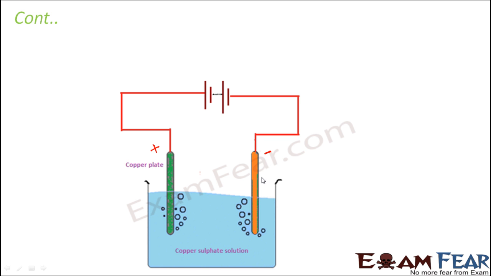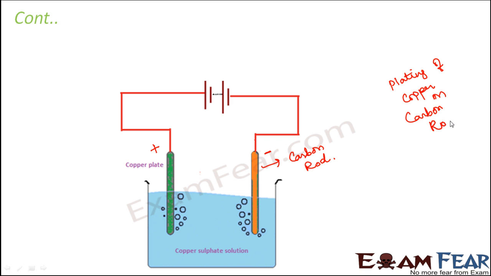For example, instead of copper plate, this could be a carbon rod. So if this is a carbon rod, what will happen at the end of the process? There will be a plating of copper on the carbon rod. So that would be the net result.